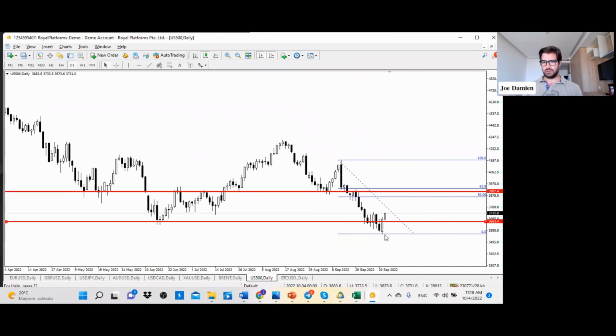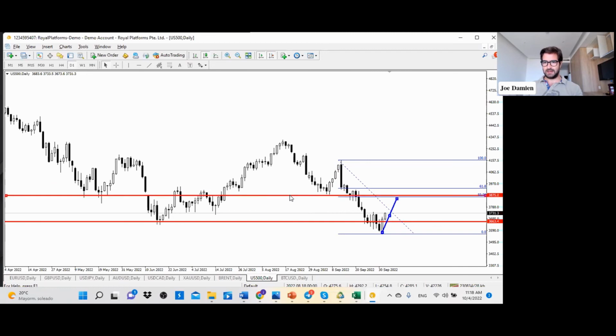We have a bullish engulfing pattern here around this support. So the market could retrace until this area. Maybe we will see similarities when it comes to correction, something like this.